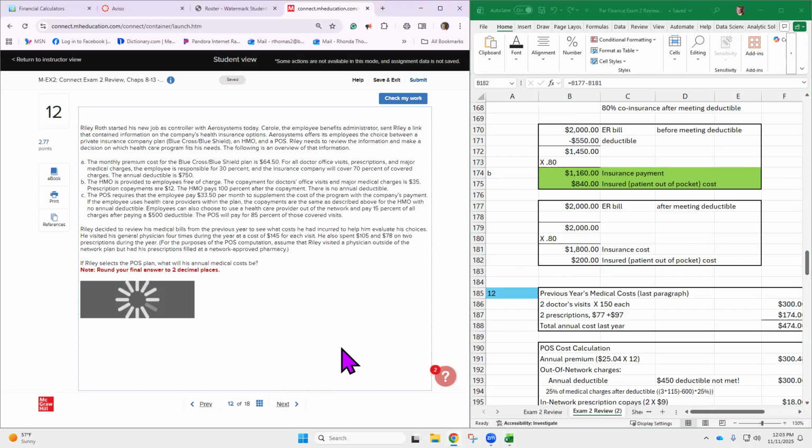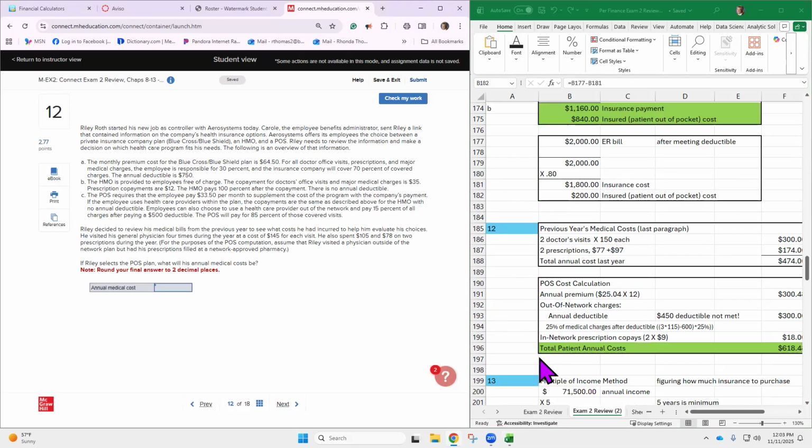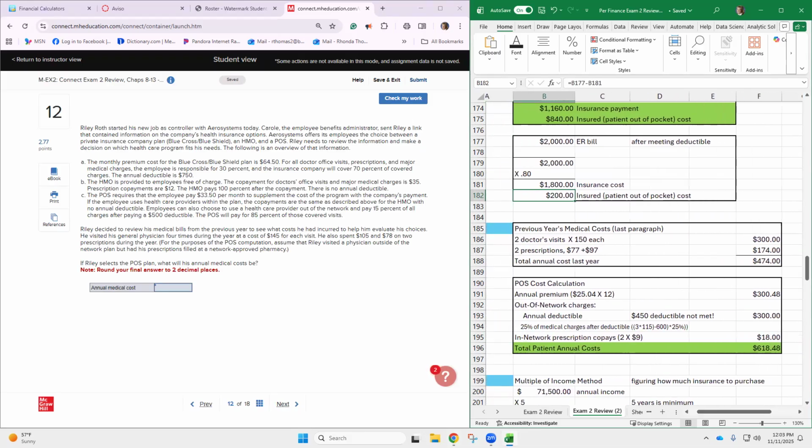Next question. Oh, it's this one. Okay, here we go. If you haven't done this one, get your paper out, and I will help you if you need it. But let's see what we can do to take care of this.